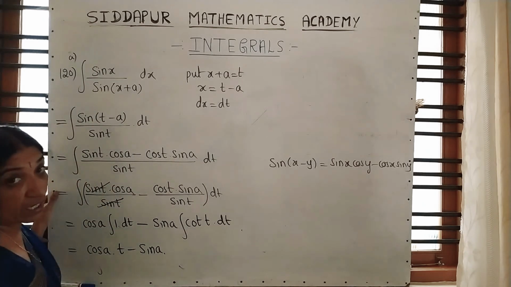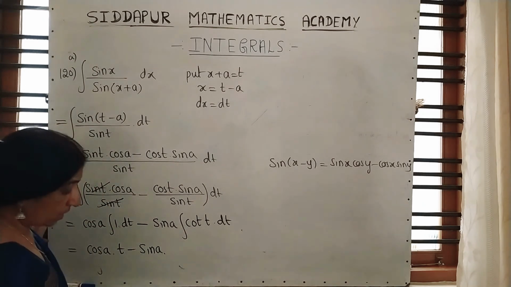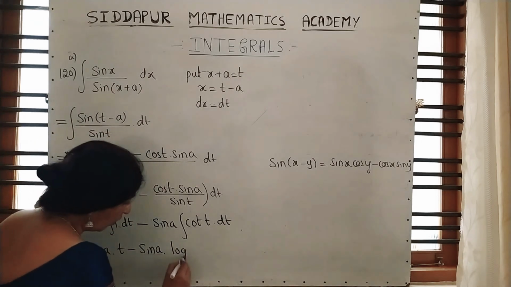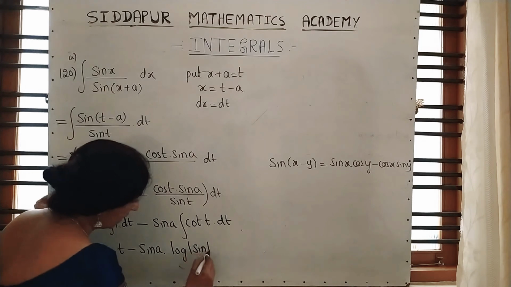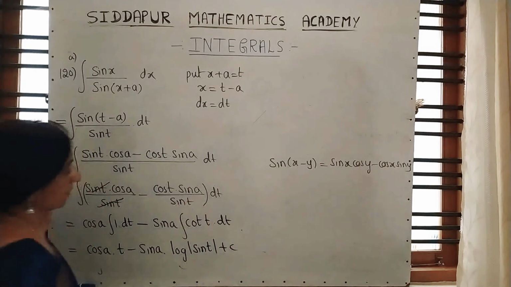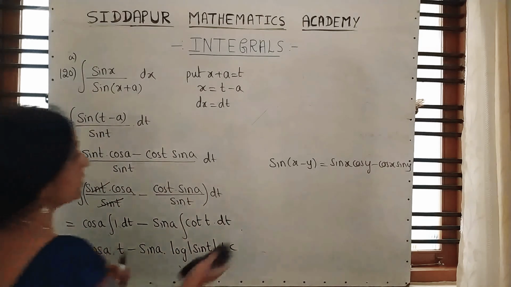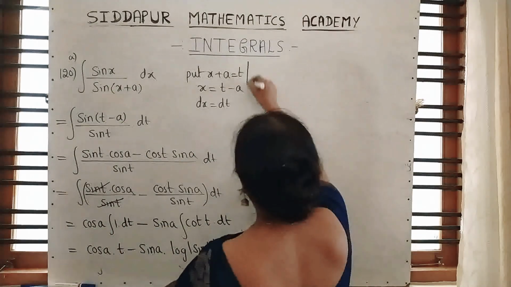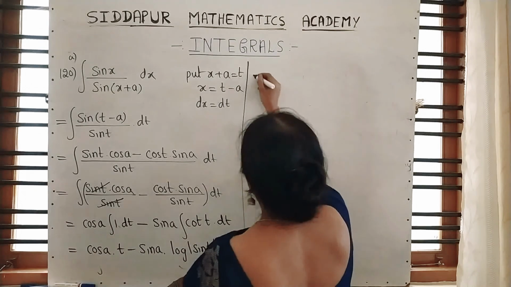In today's class I solved it. What is the integration of cot t? Log of mod sin t plus c. But the problem started in terms of x and we wrote the answer in terms of t. No, it is not correct. Write the t value.